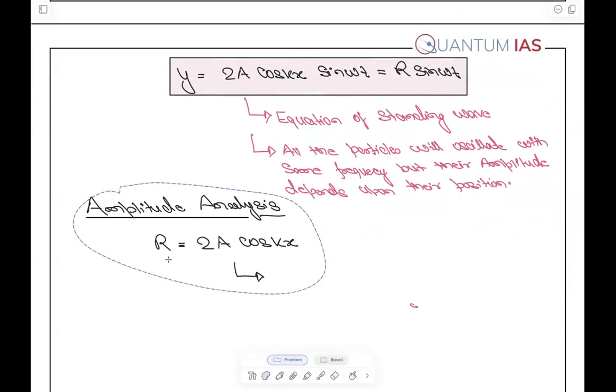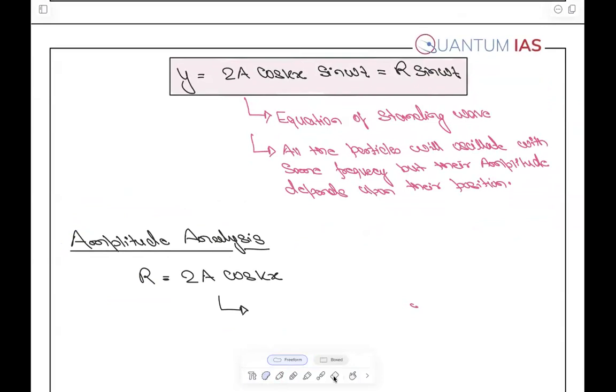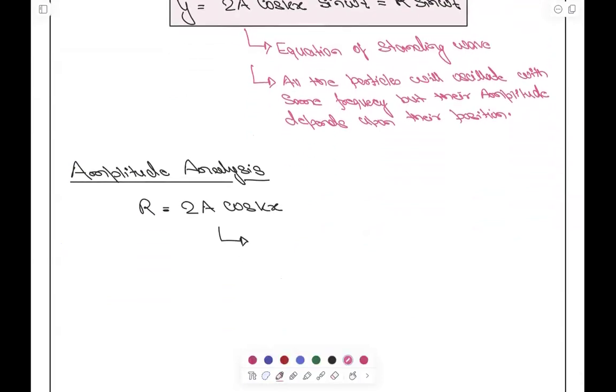This is what you can analyze here, that amplitude is position dependent.